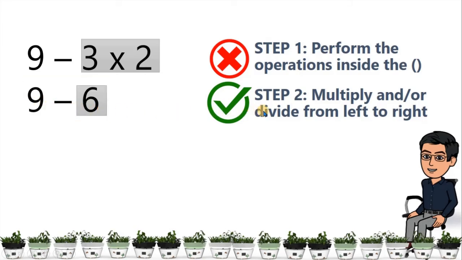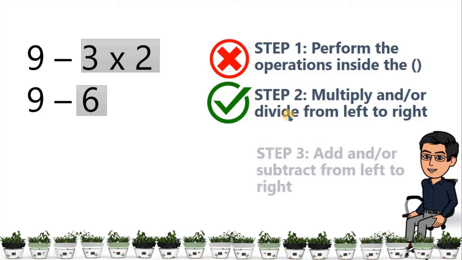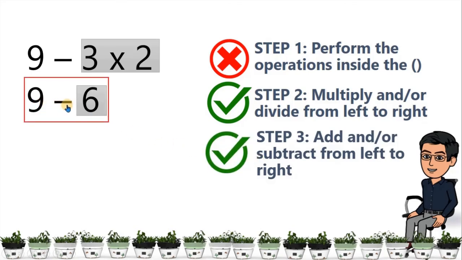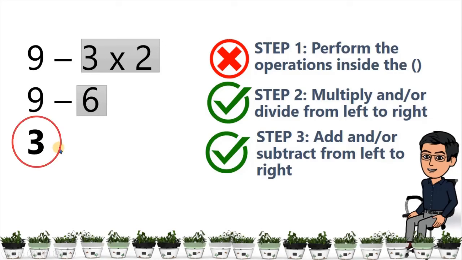That is no longer on step number 2, so let's proceed to step number 3. We have here addition and subtraction, and in our given problem, we have subtraction. So therefore, step number 3 is a check. And what is 9 minus 6? That is equal to 3. So the answer for the problem 9 minus 3 times 2 is equal to 3.